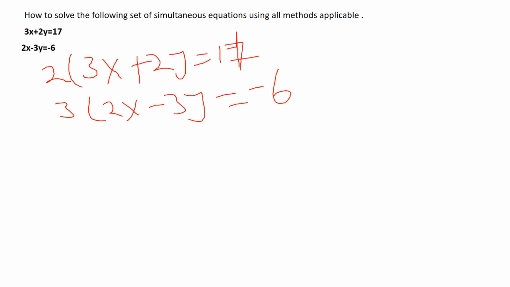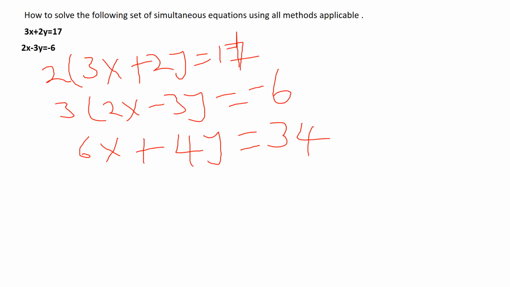We multiply 2 by 3 and get 6x, then plus 2 multiplied by 2y becomes 4y, equals 2 multiplied by 17, which is 34.